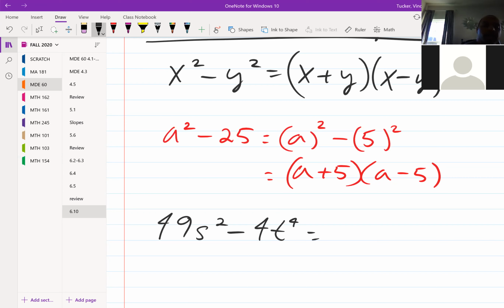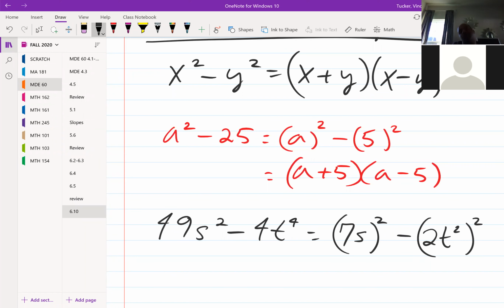All right. If I have 49s squared minus 4t to the fourth, so 49 is 7 squared, but we have an s in there, minus 4t to the fourth, so that's 2t squared. All right.